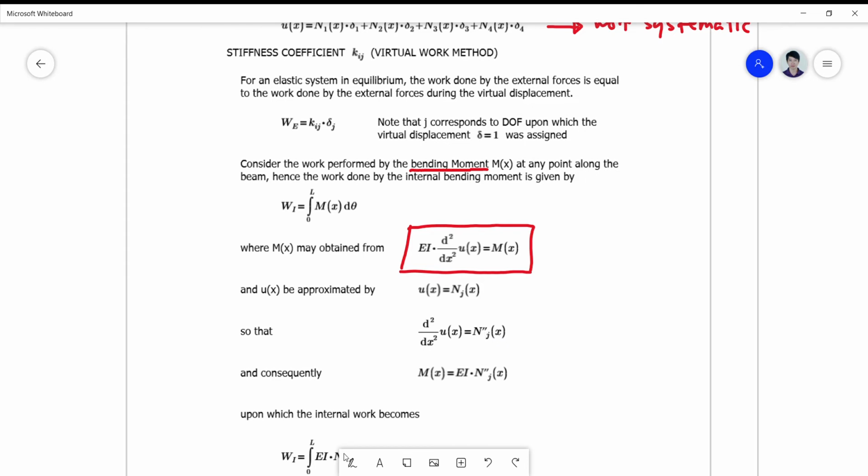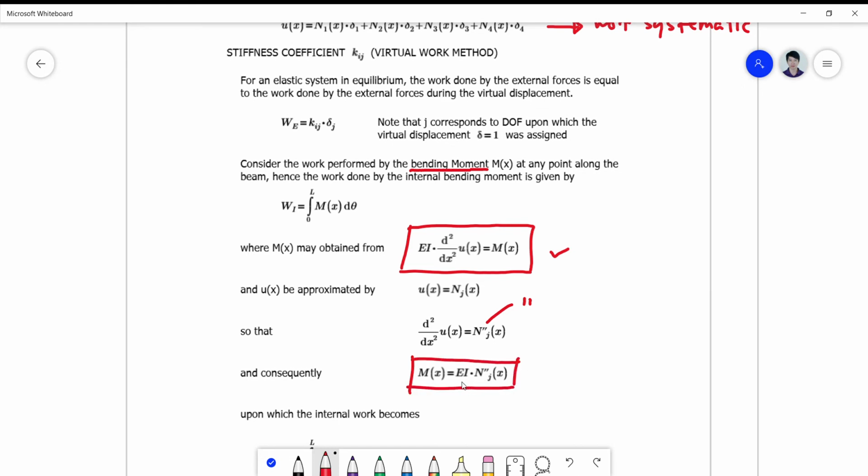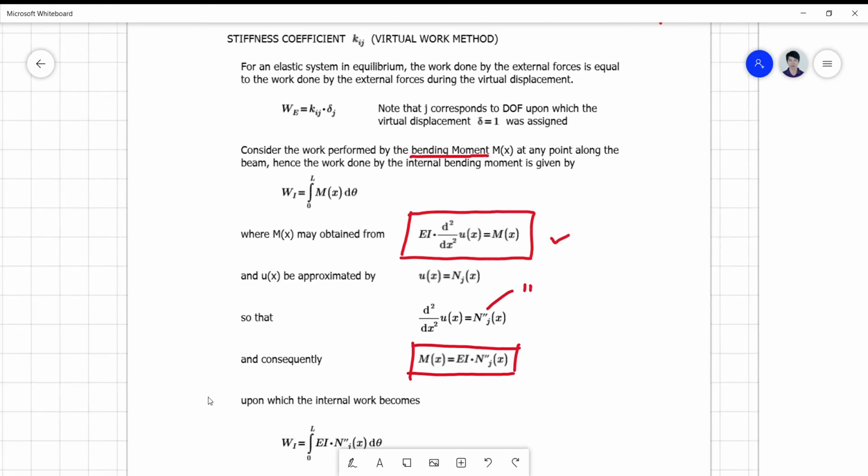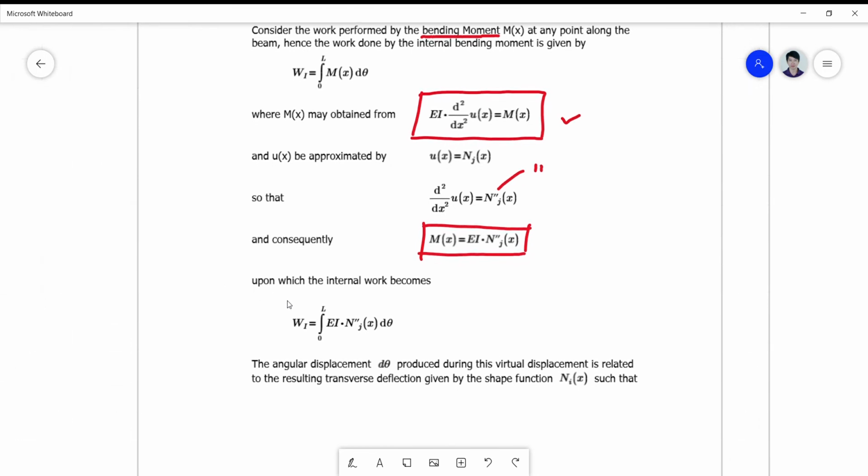This is just shown in terms of a double prime symbol. Consequently your moment now is simply EI times N double prime jx. So you have now your derived formula for Mx in terms of the shape function, and of course your material and dimensional inertial properties.